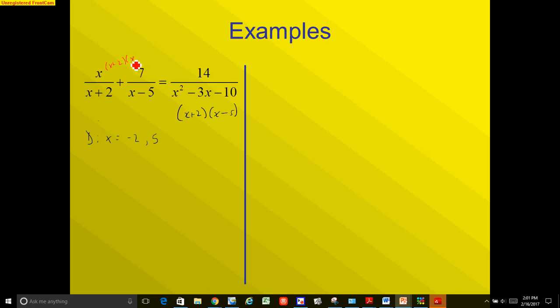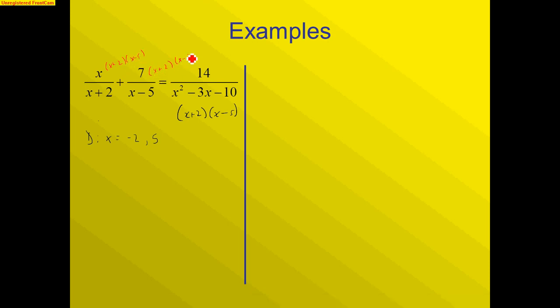And yes, you have to write this down because you have to communicate to your grader what you're doing. So bam, bam, bam, bam, bam, bam. And I'm left with x times x minus 5 plus 7 times x plus 2 equal to 14.